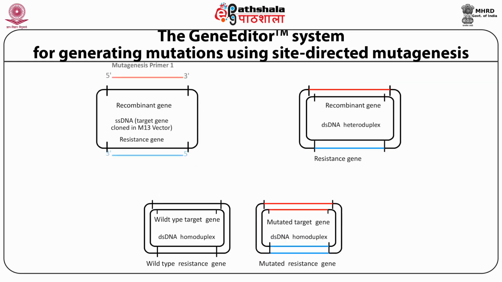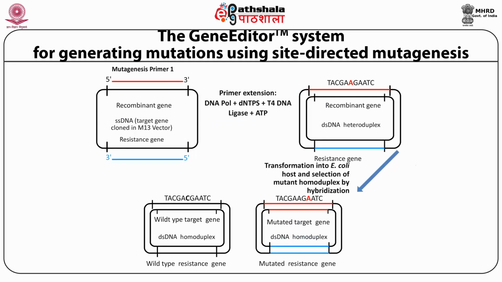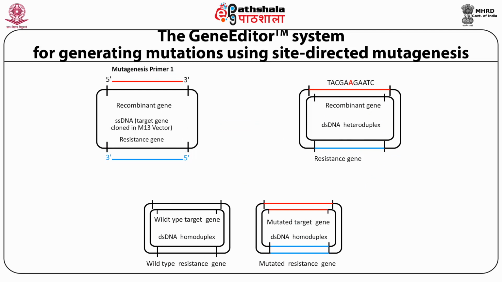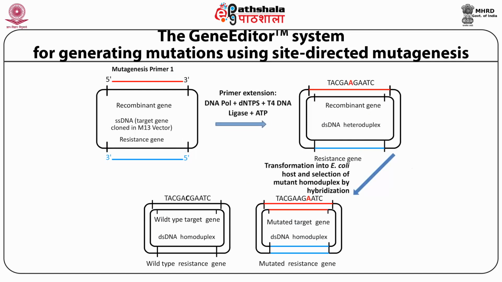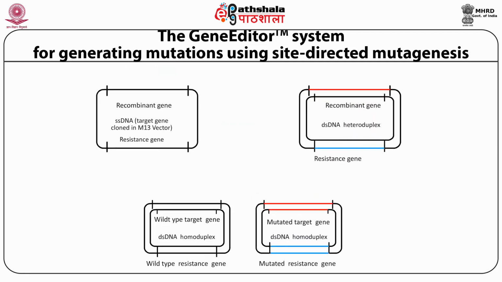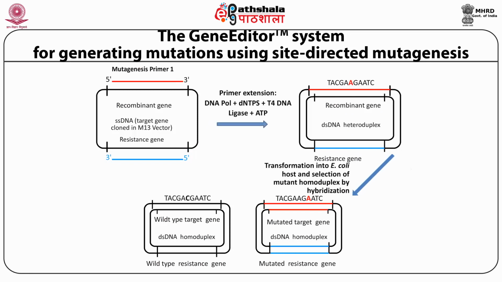Once this reaction has been completed, this heteroduplex is again transformed into the E. coli host. And once the E. coli host has been transformed with this DNA heteroduplex, it would lead to the generation of double-stranded homoduplexes of the mutated target as well as the wild-type target.